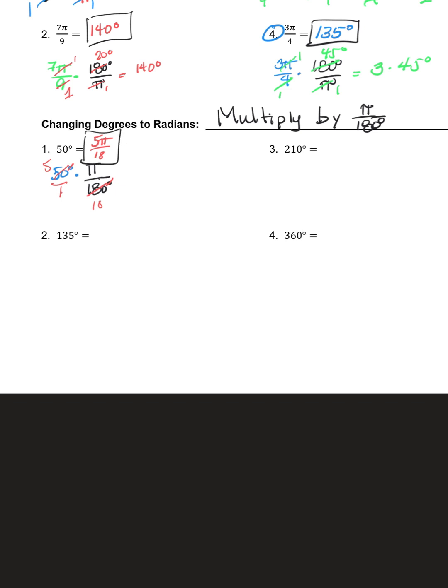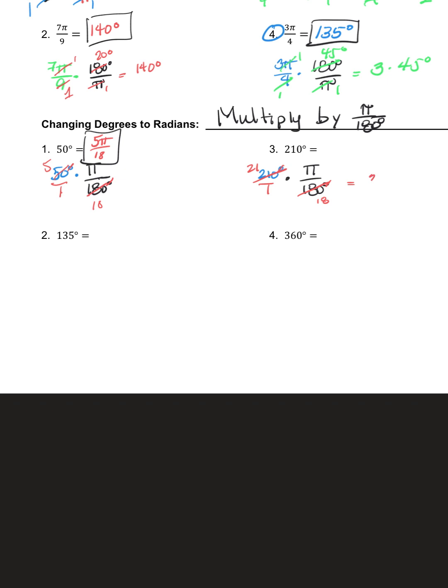210 degrees. So I'm going to take 210 degrees. I'm going to multiply by the pi over 180. Remember, when you're done here, you do have pi, so make sure you have that in there. So this degree canceled this degree. I put this over 1, and I'm going to reduce this by 10 again. So this is going to be divided by 10, 21. This divided by 10 is 18.